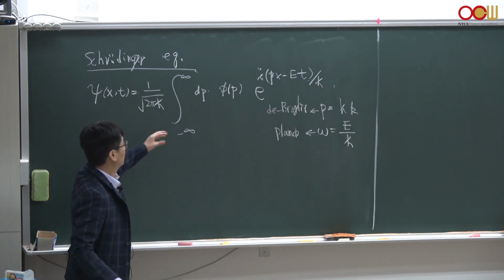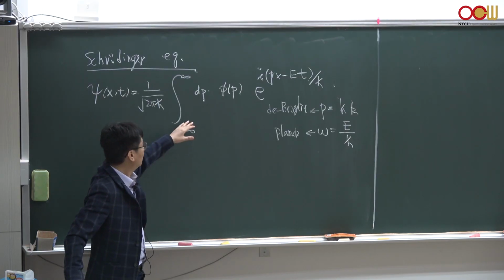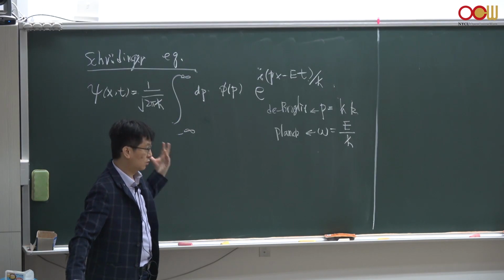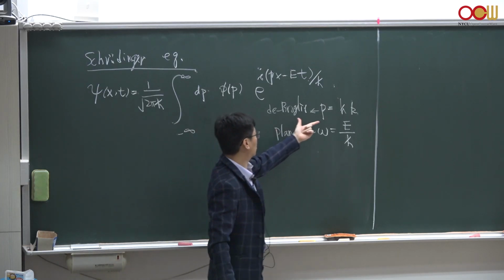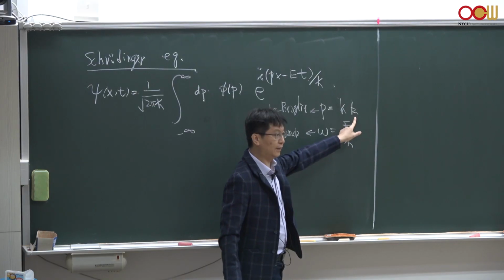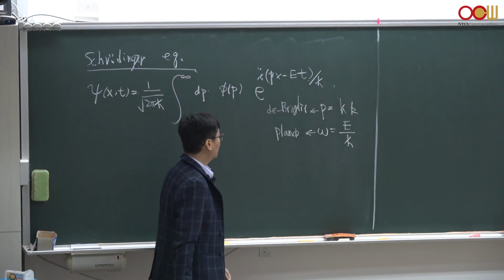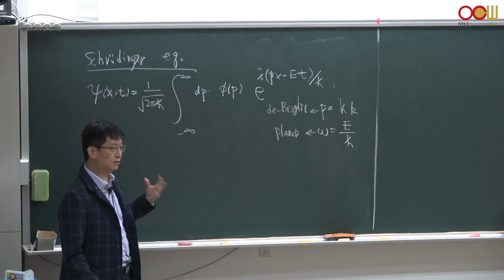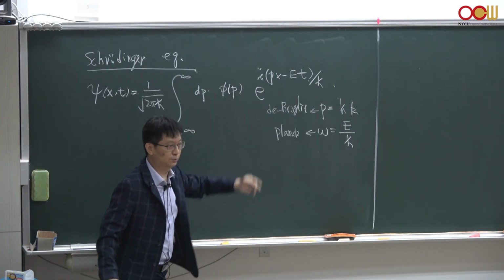So this wave-particle duality is imprinted in this wave packet formulation. This quantum particle is described by the momentum p, which is h bar times k, and the energy is given by h bar omega, and it is a wave-like distribution function.